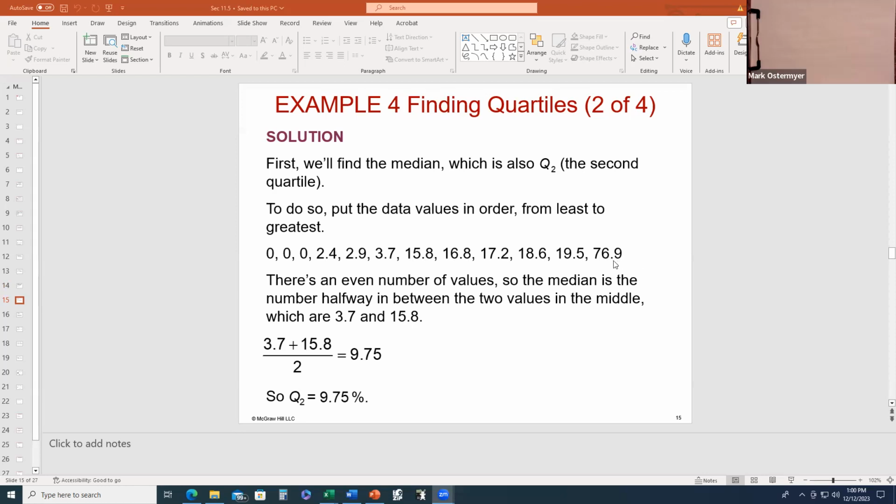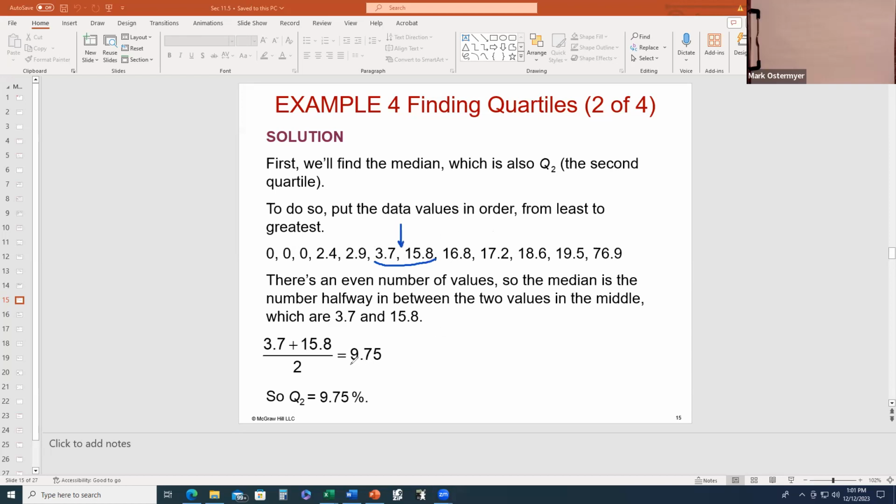Being the case, the second quartile, or the 50th percentile, or the median will be the average of the middle 2 data values. And what are the middle 2 data values? Well, they're going to be right here, because you got 1, 2, 3, 4, 5 to the left, 1, 2, 3, 4, 5 observations to the right. So the median is going to be literally the average of the 2 middle data values in this data set.